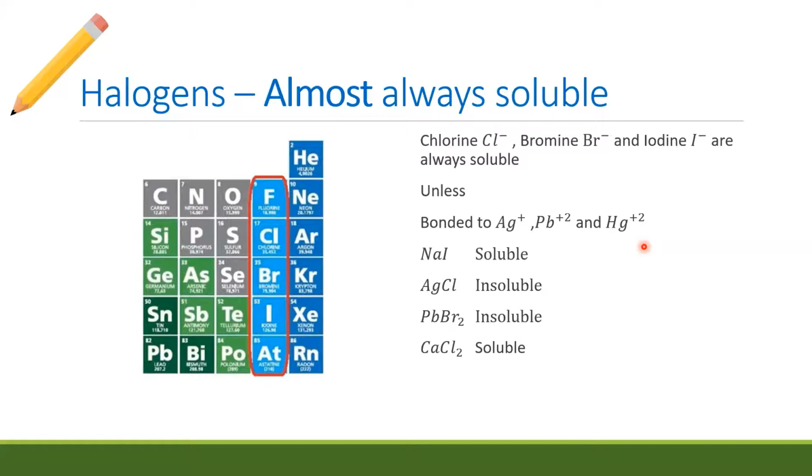Yeah. Okay. I will go into a bit more detail about how that works and how they decide, but at the moment, just understand it's just Ag, Pb, and Hg.